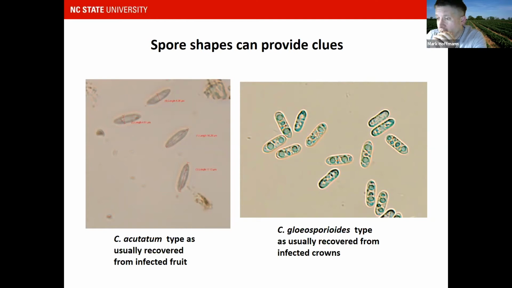Acutatum and gloeosporioides have different spores on the microscope. As you can see, they're relatively easy to identify, but again, you would have to bring that to a lab or to a clinic for people to identify those kind of spores, or maybe your extension agent is able with a microscope to identify the spores as well.